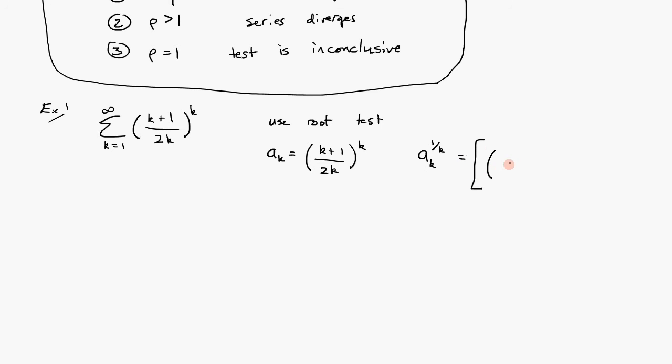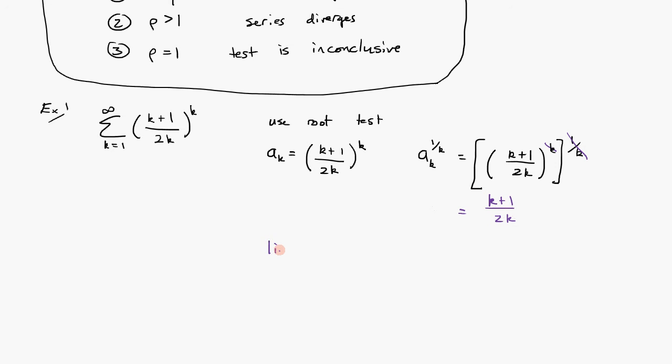Then it will be k plus 1 over 2k, the kth power, to the 1 over k. And the rules of exponents say that k times 1 over k is equal to 1, so those cancel out, and this is just k plus 1 over 2k.